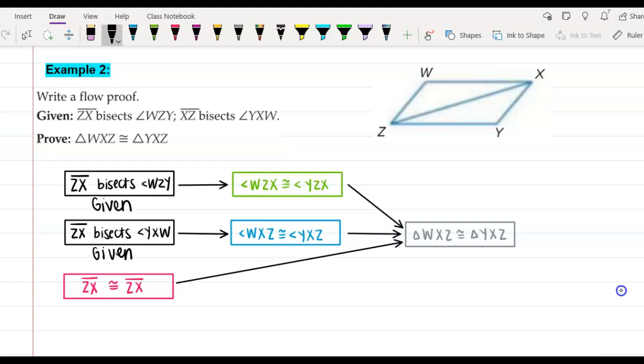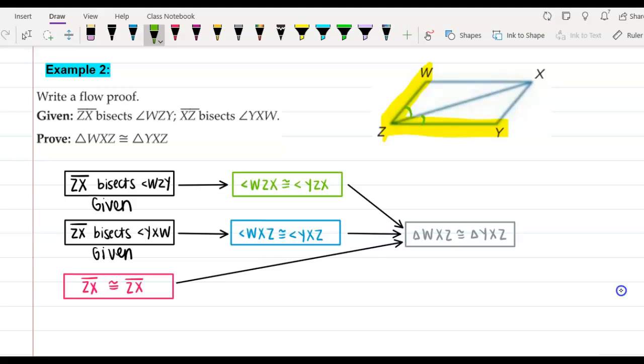For the first given, ZX is bisecting WZY. So we have WZY, this large angle, and we're flowing into the fact that WZX, this angle here, is congruent to YZX, this angle here.